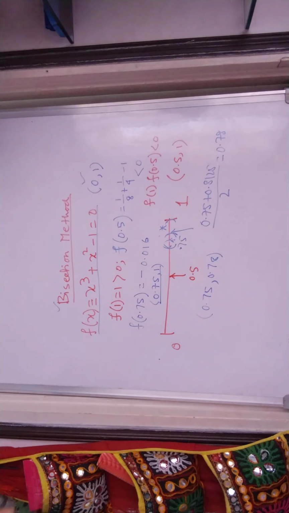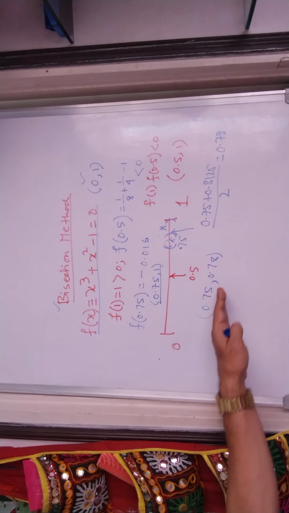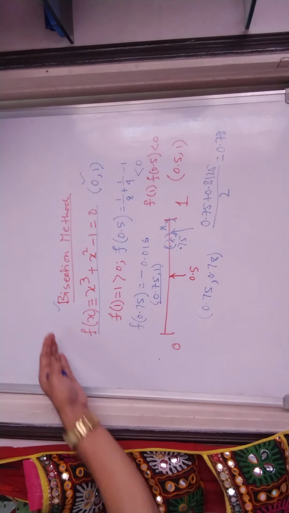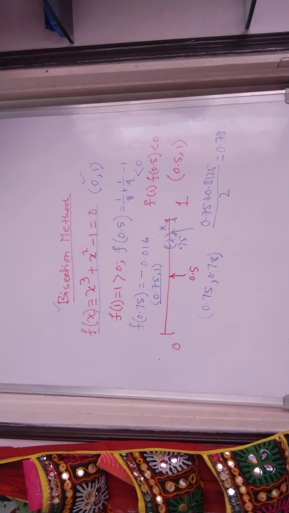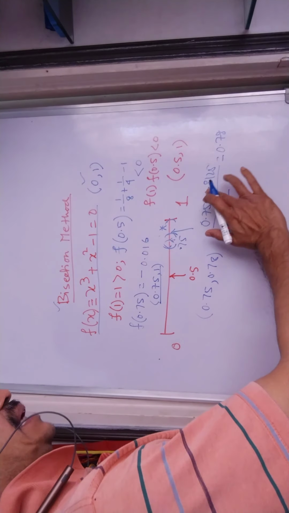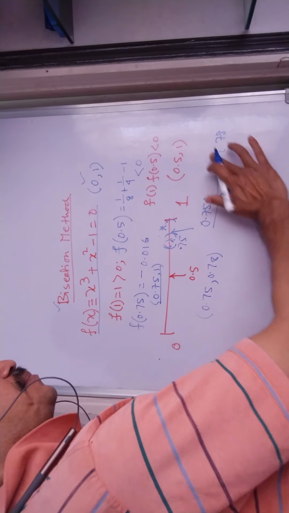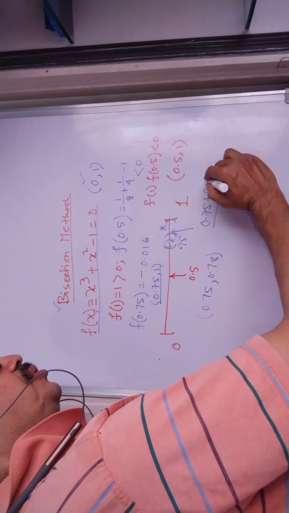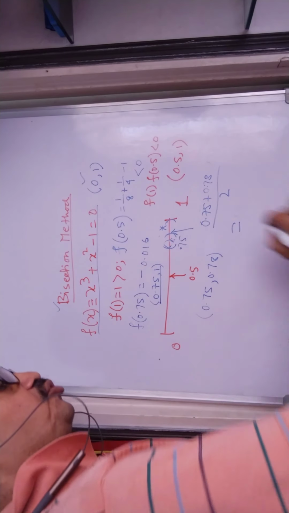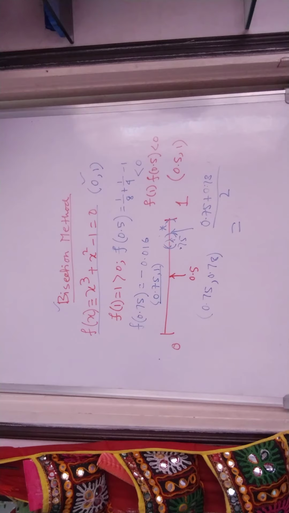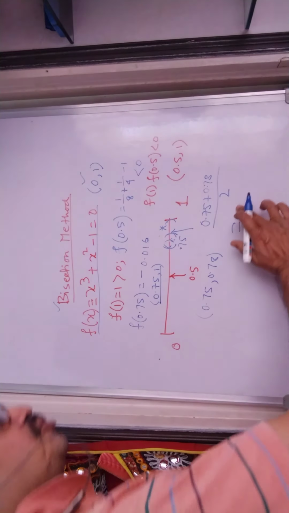So we are narrowing the interval by halving it or bisecting it. Again we find that this is (0.75 plus 0.78) by 2. This comes out to be 0.765.